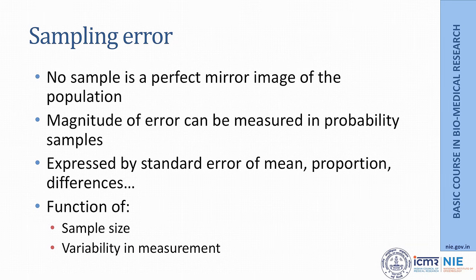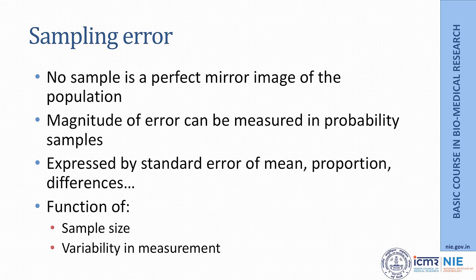Okay? I would like to introduce you to a concept called sampling error. No sample is a perfect mirror image of the population. Always, when you pick a sample from a population and look at the results, it may not be exactly the same as the results in the population. But fortunately, the magnitude of error can be measured in terms of probability in the case of probability samples.